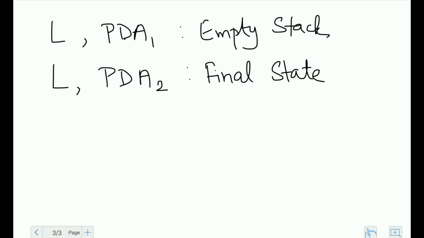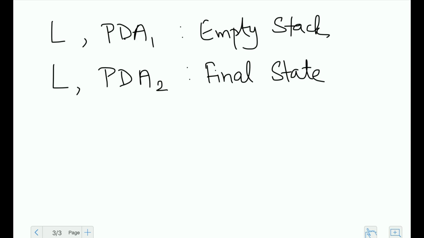So if you have a deterministic pushdown automaton for some language, then you can always have a non-deterministic automaton for that language. But if you have a non-deterministic pushdown automaton for a language, it does not mean that you will be able to come up with a deterministic pushdown automaton for the same language. So these two do not have the same expressive power. NPDA are inherently more powerful than DPDA. So that's the last point that I want to mention.